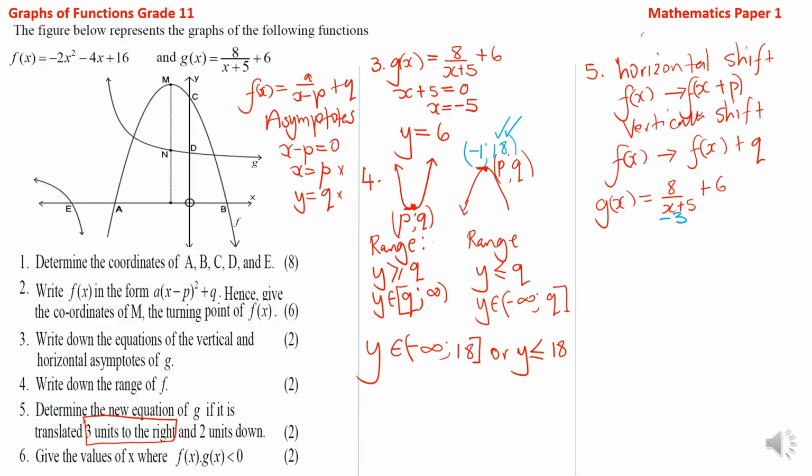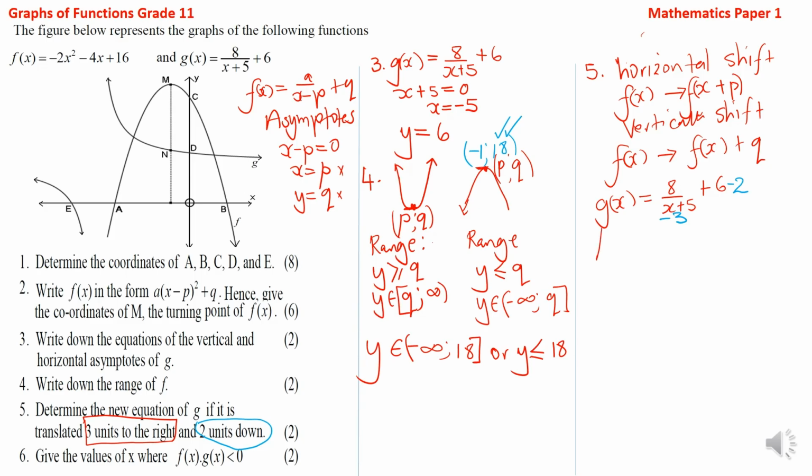Then I want to shift the graph by 2 units down. Vertical movement, if you add, the graph goes up. If you subtract, the graph goes down. So 2 units down means minus 2 to the constant that is there. Now simplifying this expression will give us the new required equation.